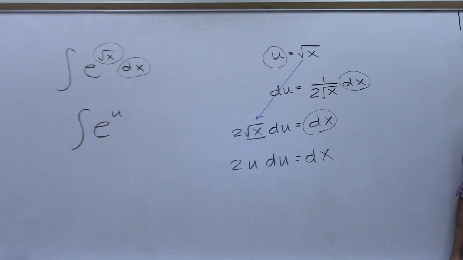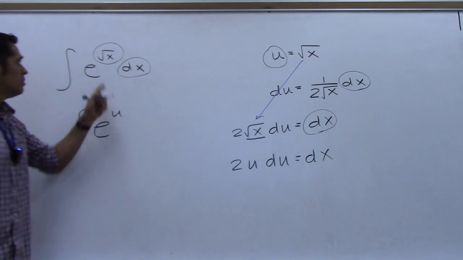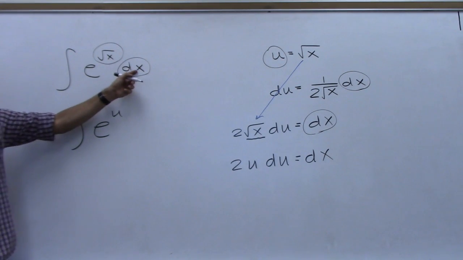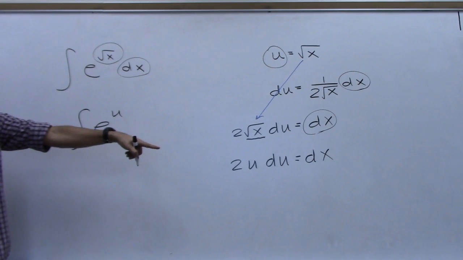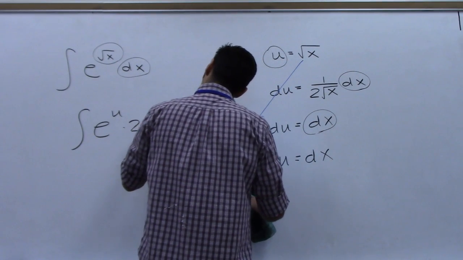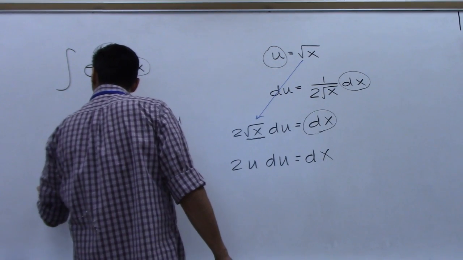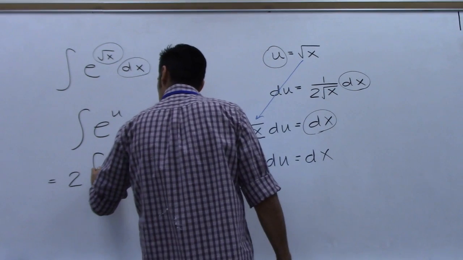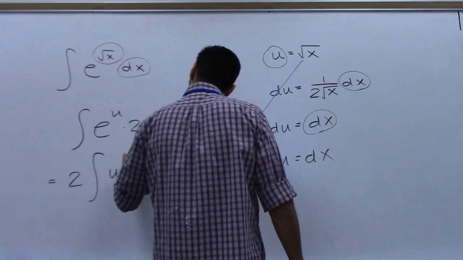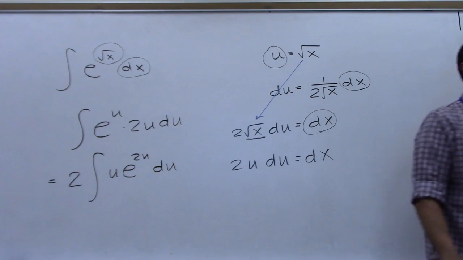And so really now when we rewrite this integral, we've got e to the u, that's this. And then dx is replaced with what? 2u du. I can pull the 2 out. I can move the u to the front. And now that's where I am, right?